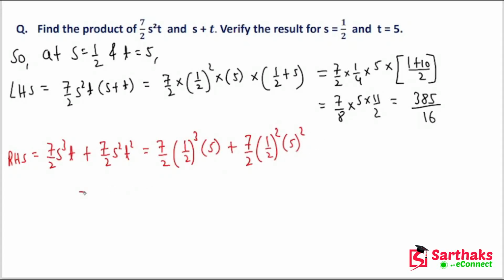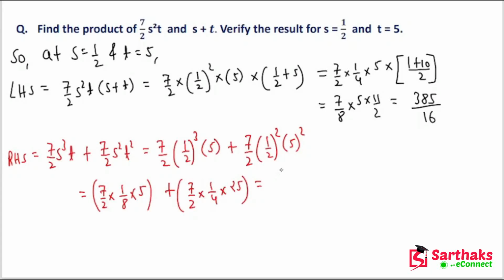Okay, so it would be 7 by 2, 1 by 2 cube would be 1 by 8 into 5, plus 7 by 2 into 1 upon 4 into 5 into 5, that is 25.